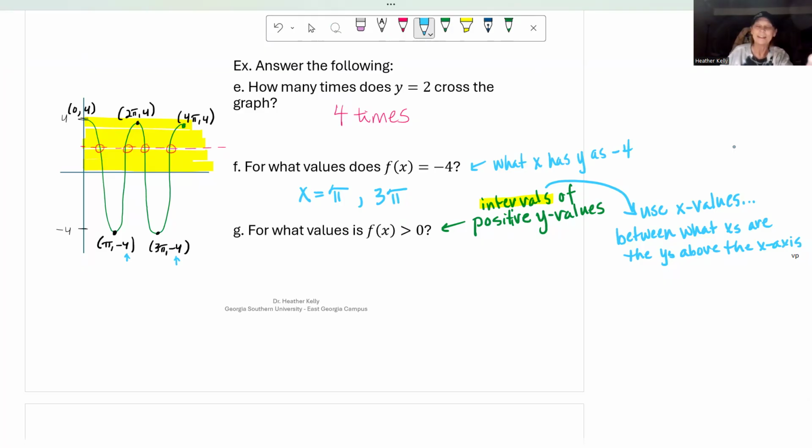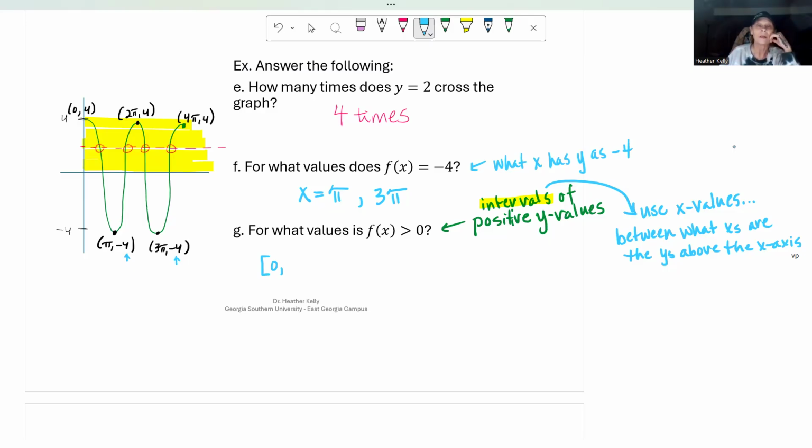Okay, here we go. Starting from the furthest left, what is the smallest x value? It is, and includes, 0. Now it's up to, not including, because it's right there on the line.